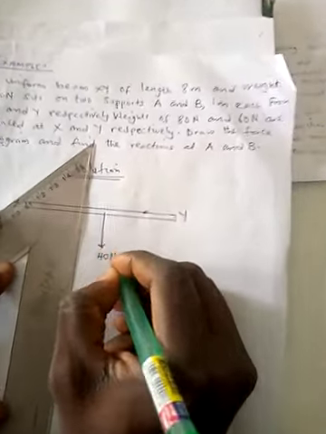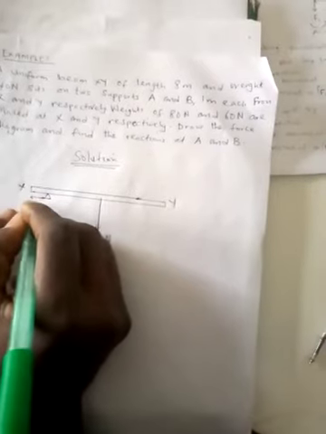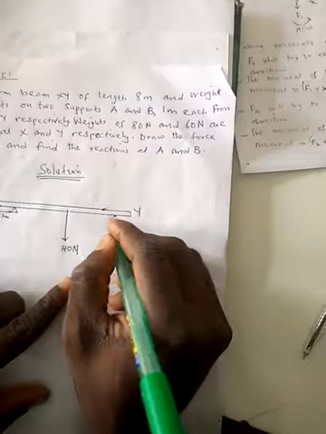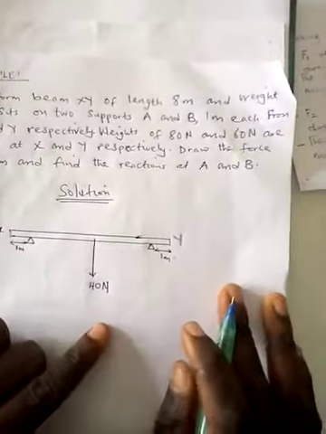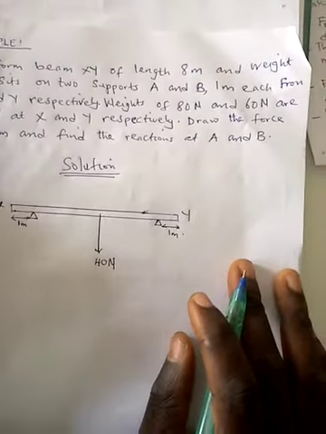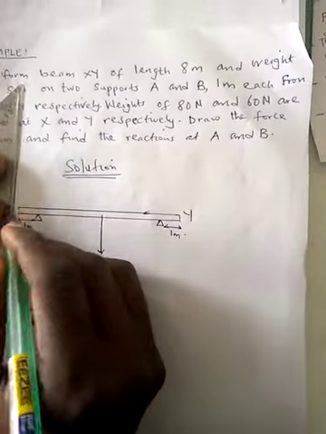It sits on two supports A and B, 1 meter each from X and Y. So we're going to have a support here, a knife edge, which is 1 meter from X, and we have another here which is also 1 meter from Y. Then we have weights of 18 newtons and 60 newtons placed at X and Y. So there's going to be a weight here, or a force.